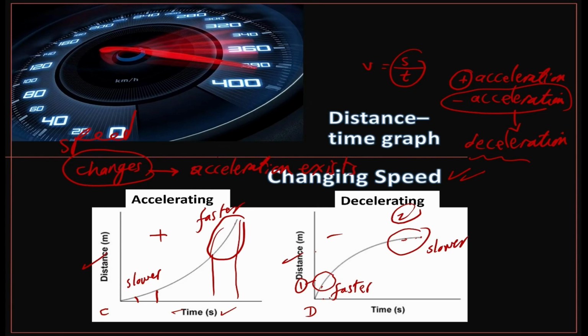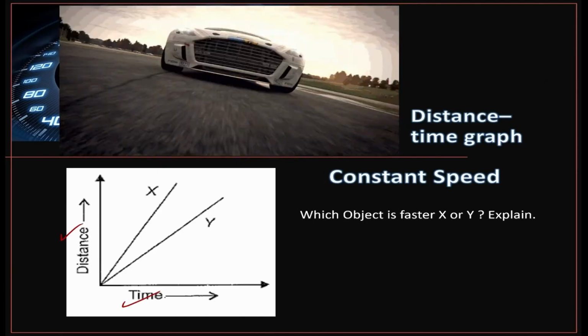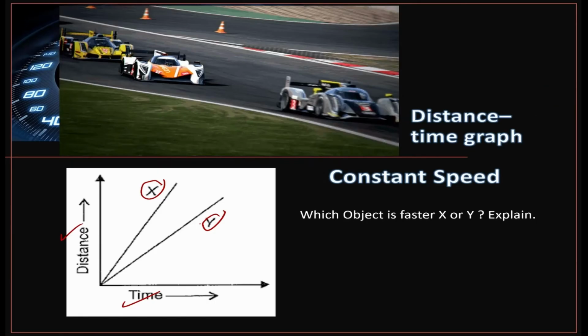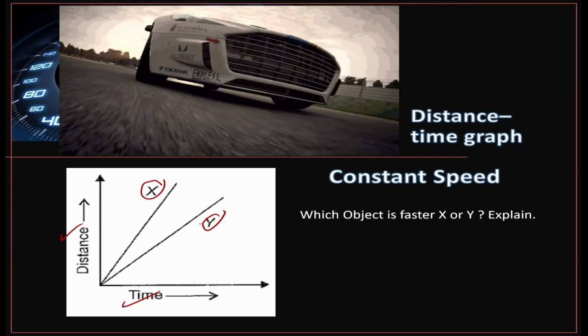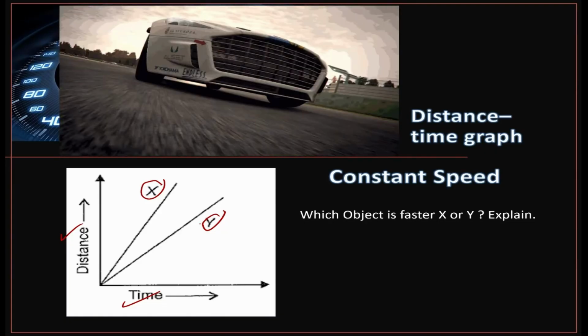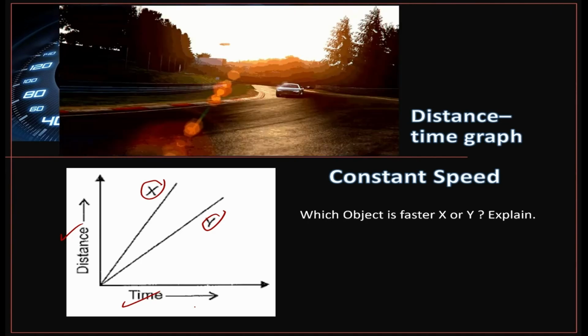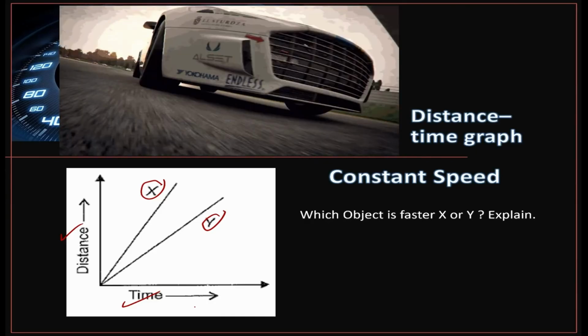Understood? Great. Look here. I have this distance-time graph, and we have two objects, object X and object Y. Which object is faster according to the graph, X or Y? And why? Okay, very good. We take an interval of time and see which one covers a longer distance in the same time interval.